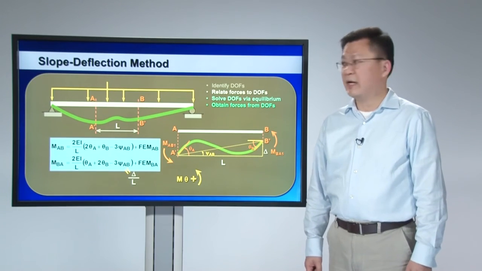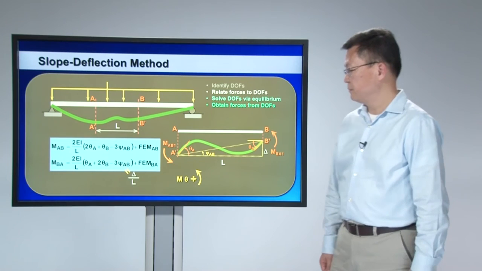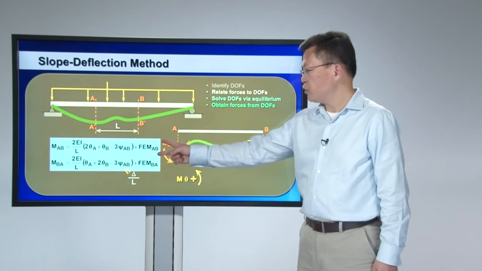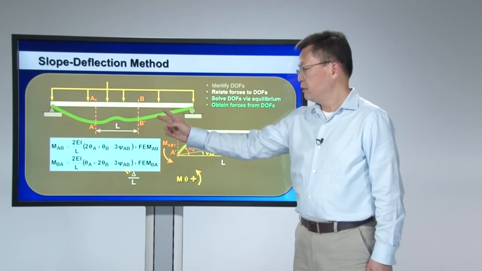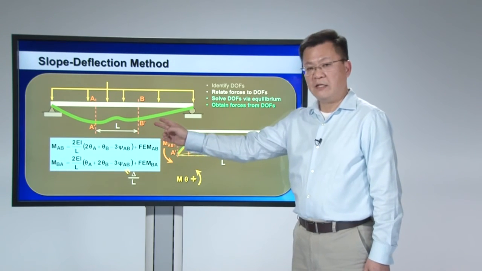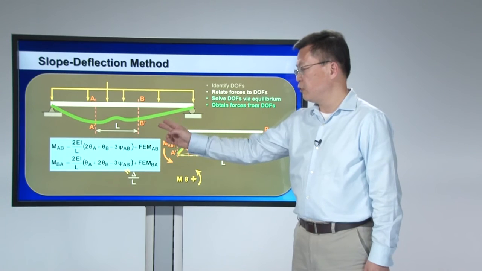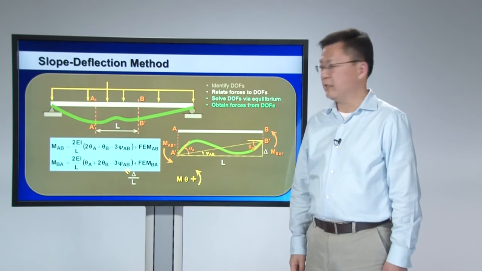This slide summarizes the slope deflection method. So we have derived two equations relating external force, internal bending moment, as well as the degrees of freedom of your segments.